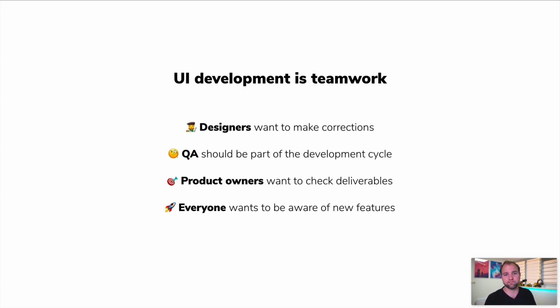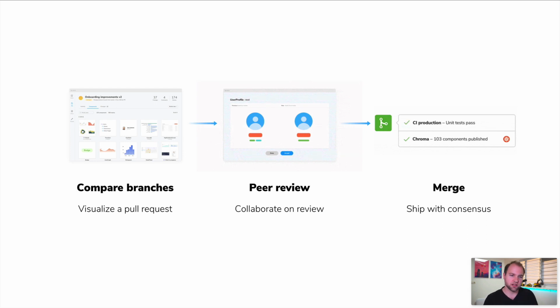So there's this additional thing where, with Chromatic, you get to compare across branches. So you can visualize pull requests. Just like you have a pull request in GitHub where you can compare code before and after or across branches before merging to see what will actually happen if you merge this pull request.